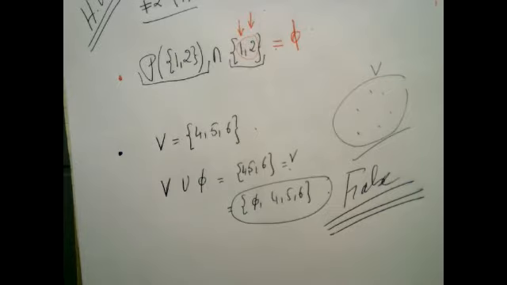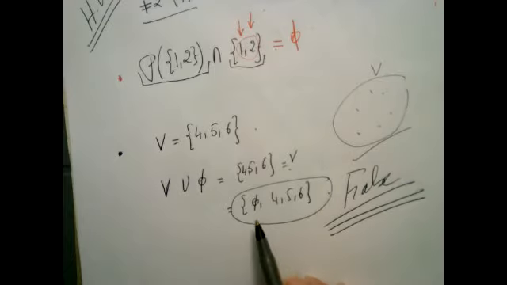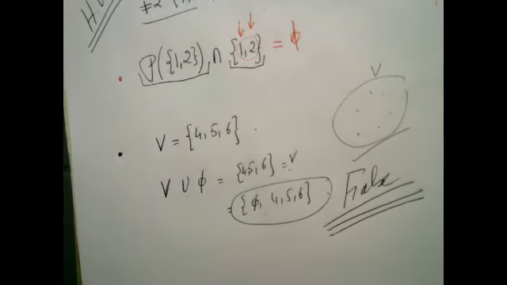I think it would only be true if it was V union the set of the empty set. You're right, Simon. Simon, right? Yes. I mean, recognizing voices is hard. But you're right. But why is this false? How would I convince you that this is false?